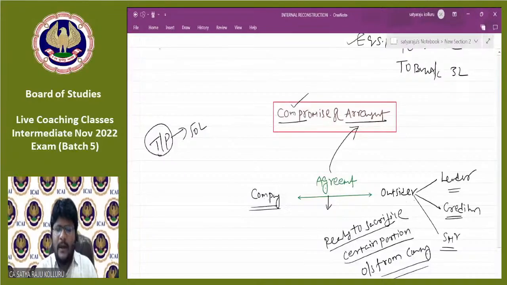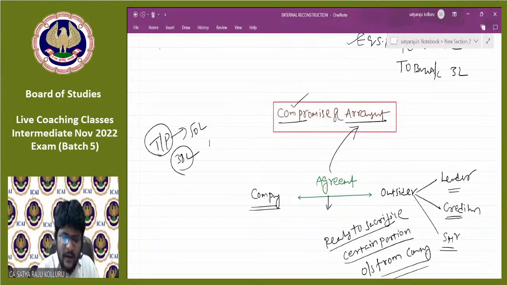Now our board of directors decided that we are ready to pay only to the extent of 38 lakhs. This is the company figure. The trade payables do not agree at all. No, sir, we require at least 45 lakhs. There is a dispute between trade payables and the company.